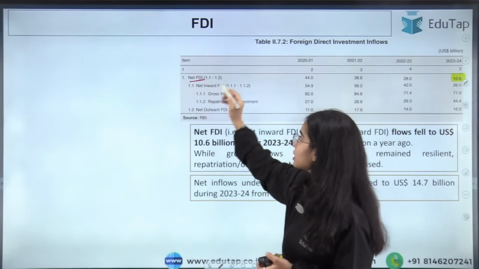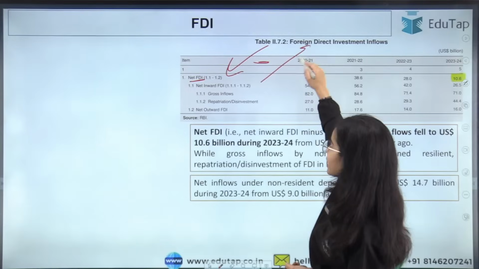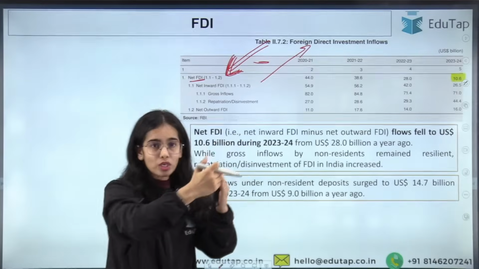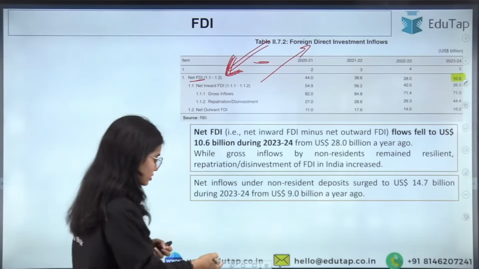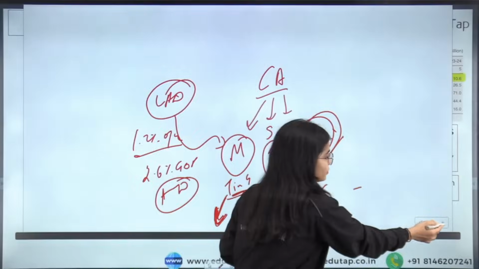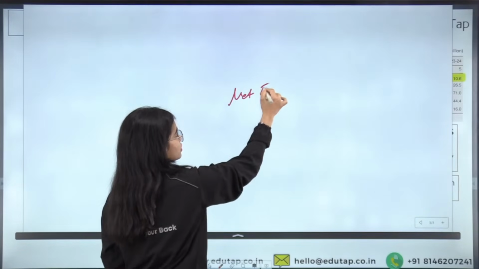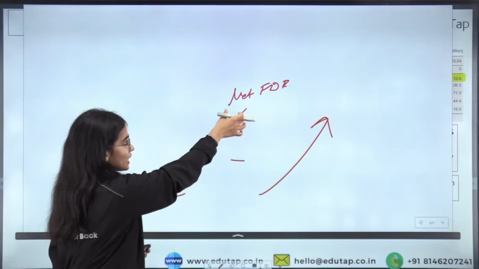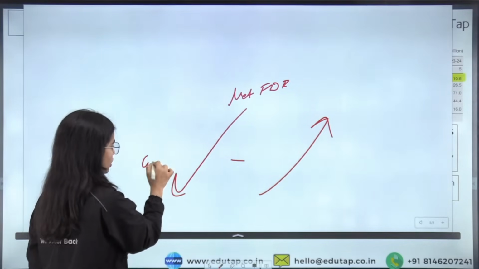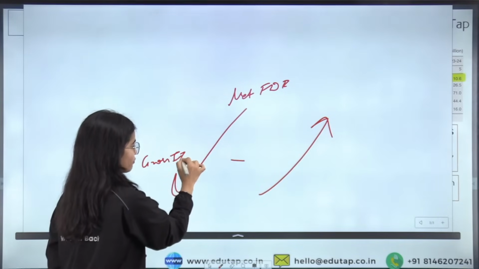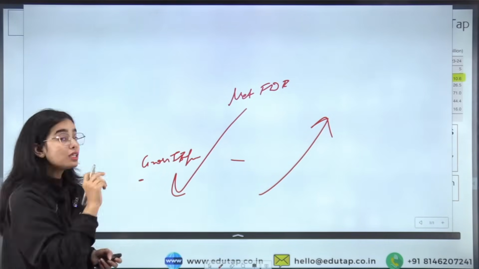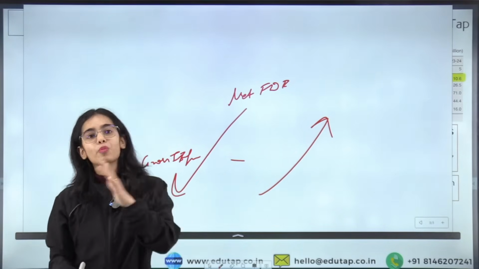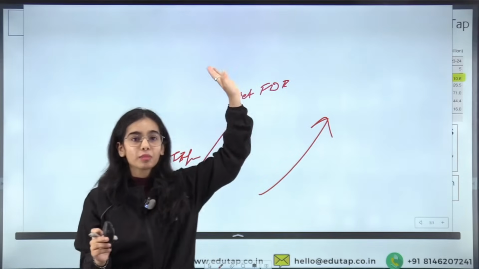Net FDI means the inward FDI minus the outward FDI. The FDI that is coming in minus the FDI that is going out. So for the inward FDI, the gross inflows that are happening, from this we have to deduct the money. Let's say an Apple store has been opened in our country, but after 1 month they sell their store and take the money back to their country.